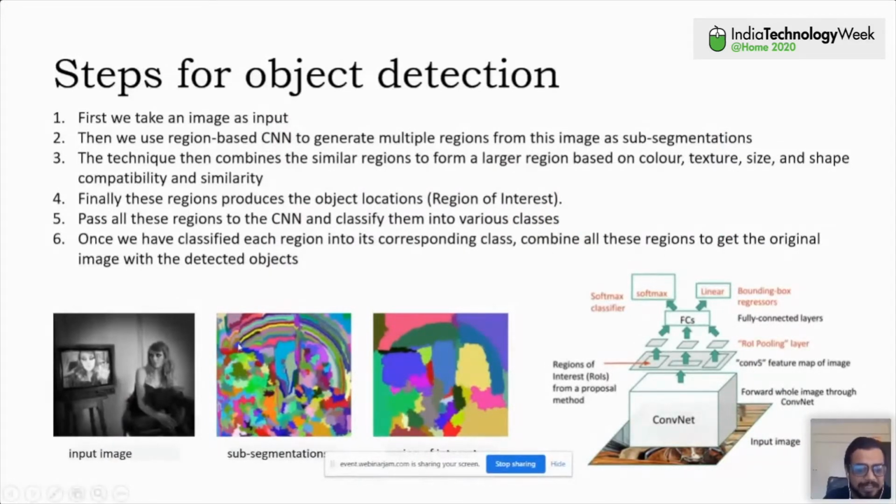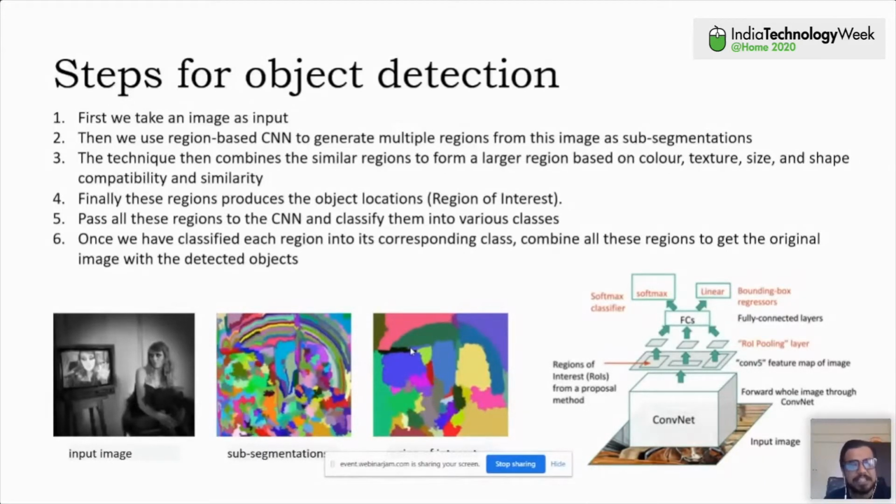What it does is extract and give us the subsegments within the image that it identifies and recognizes. Those segments we then combine based on their similarity of shape and size to create a larger region. This region is nothing but our object location, what we call the region of interest. This region of interest is actually those anchor bounding boxes.